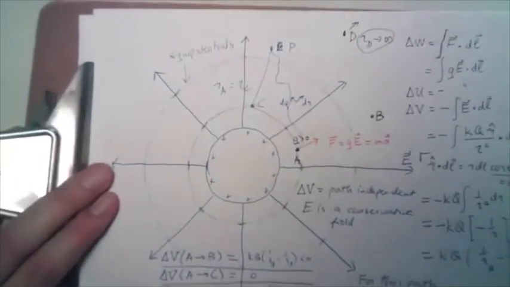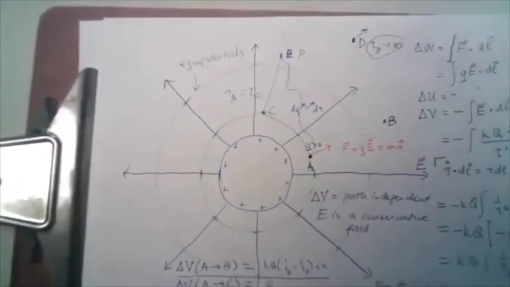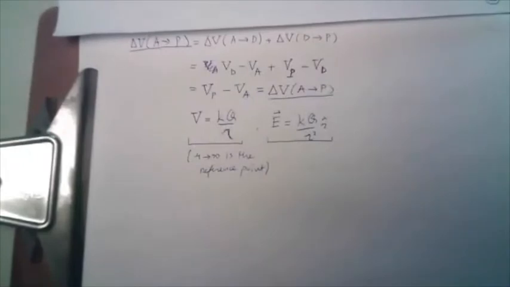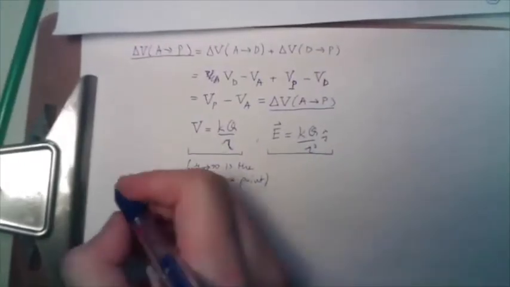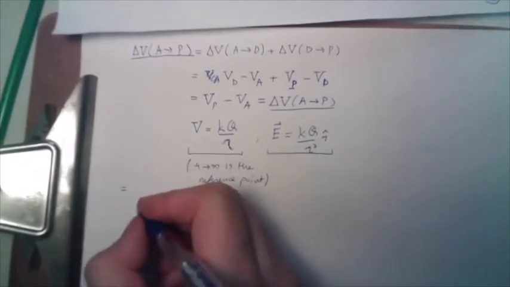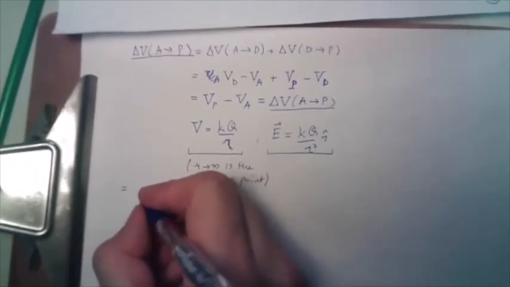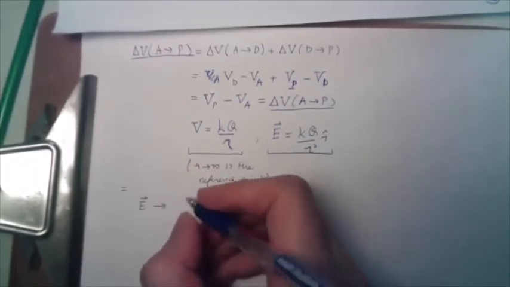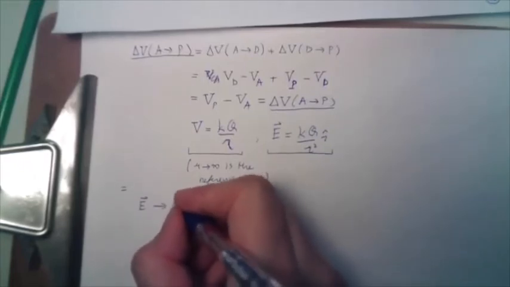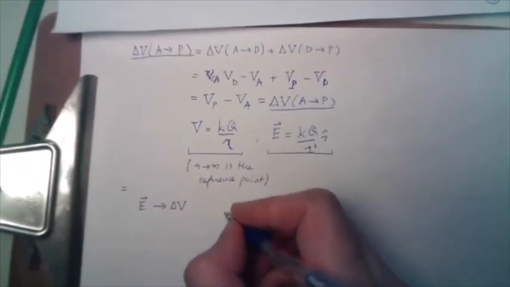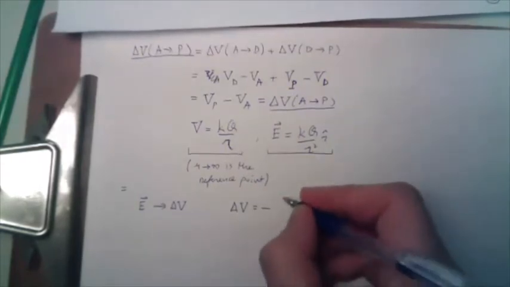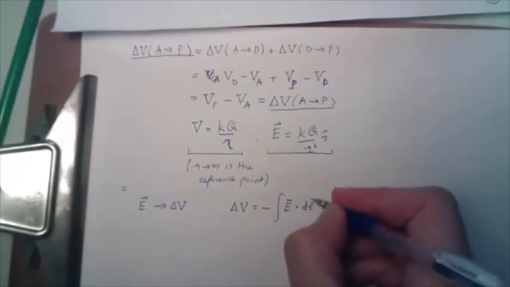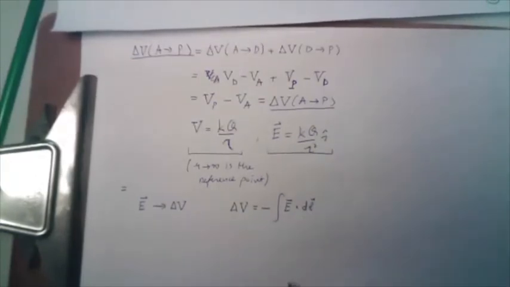All right. Now we've established some basic framework, so let me summarize it. We have to go from electric field to potential, and I'm going to write that as a delta V. It just means that your delta V is minus E dl, some kind of a path.